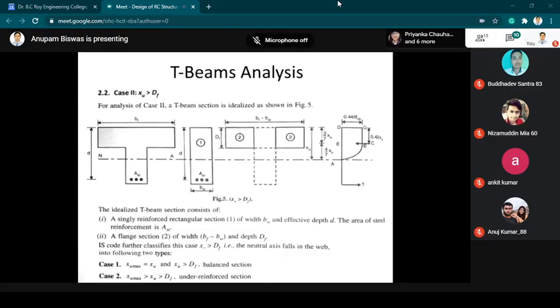For the next section, section 2, as you can see, two fragments of flange have been separated from the web portion. The depth of these flange sections is the depth of the flange itself, that is df, and the width is the overall width of the flange bf minus the width of the web, that is bf minus bw.